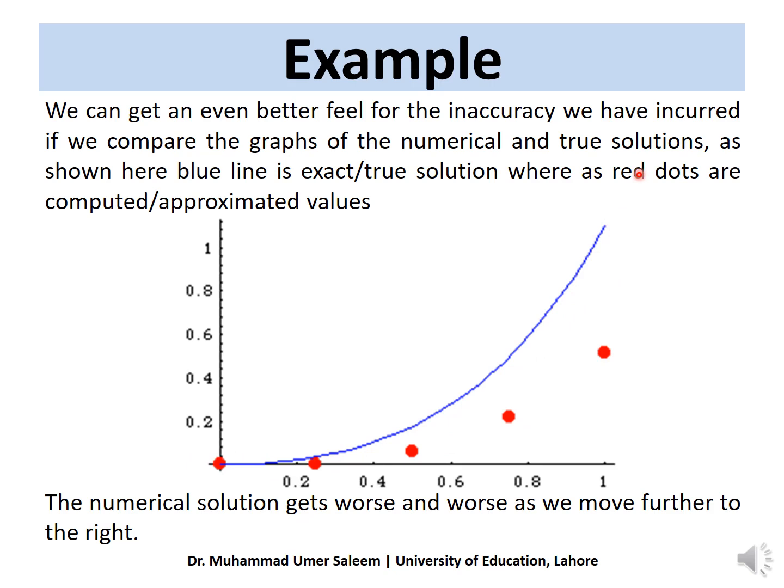So then why are we using this method, since it is behaving very strangely? The problem is when we go further. Look, this is the error here, this is the error here, this is the error. We can get an even better feel for the inaccuracy if you look at this diagram, what I told you actually. The numerical solution gets worse and worse as we move further to the right hand side.